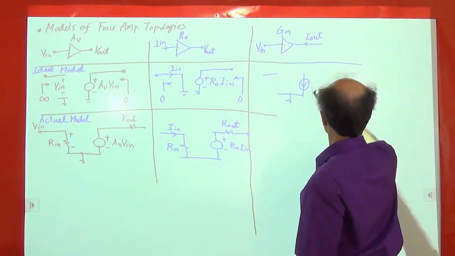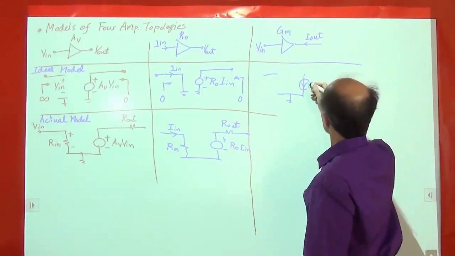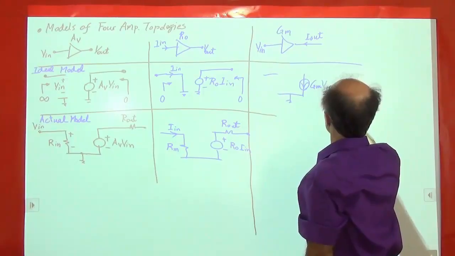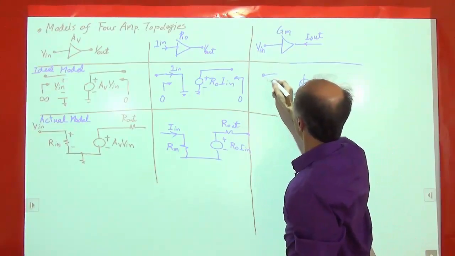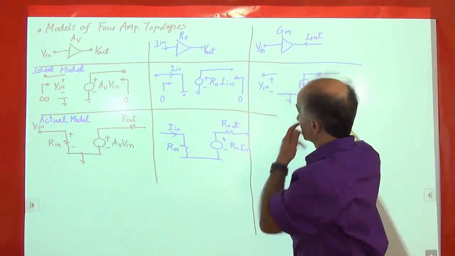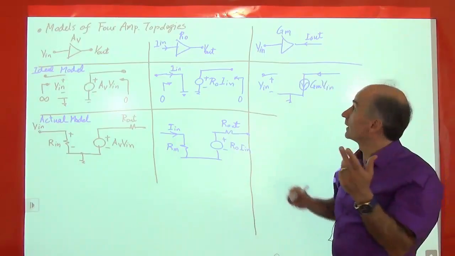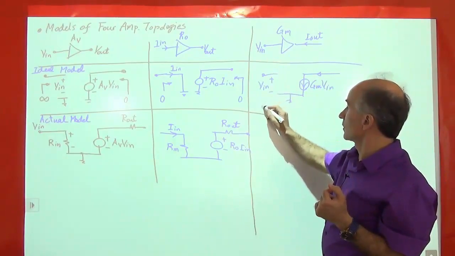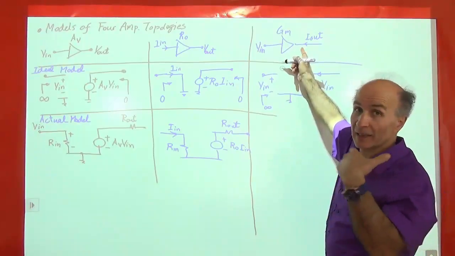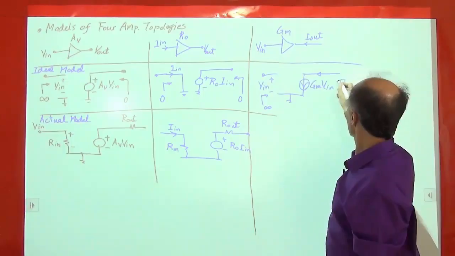I out is equal to, according to the gain equation, GM times V in, and V in is just here. So the input impedance is infinite because we are sensing a voltage. The output impedance is infinite because we are delivering a current. We're acting like a good current source. So this is also infinite.